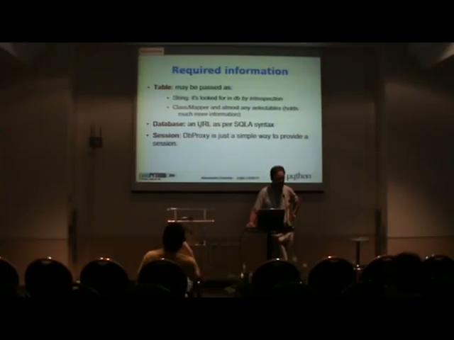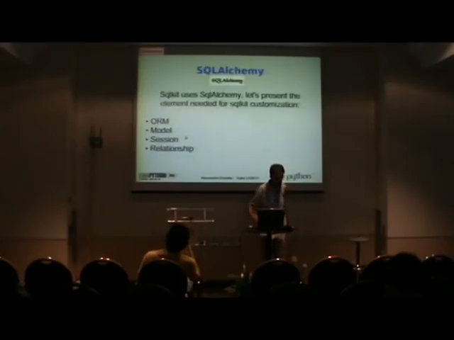Database as a URL as per SQLAlchemy syntax, and session, that again is an SQLAlchemy object. We will now present very simply these four elements of SQLAlchemy that are needed to understand Sqlkit.